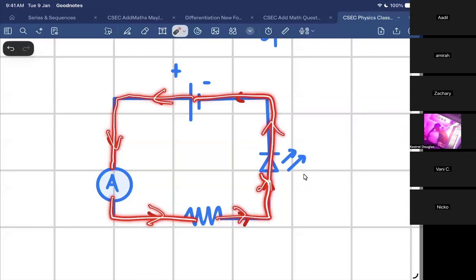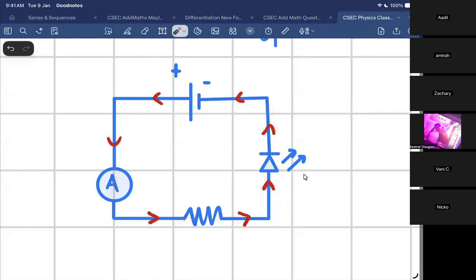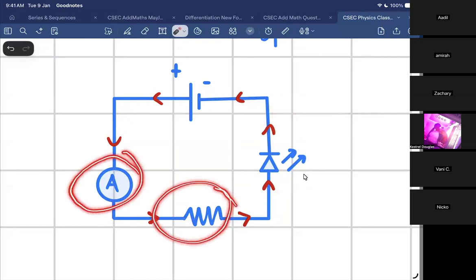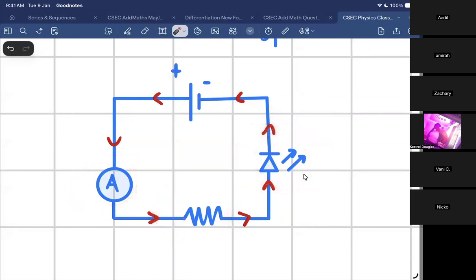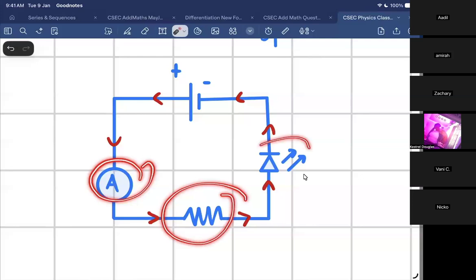It only has one way. Right, so the current will only travel along this route. Another way to think about series and parallel: it's a series circuit if there's only one path for current to take. It's a parallel circuit if there are multiple paths for current to take. So in other words, Adil, I would say that the ammeter, the resistor, and the, remind me, what is this, Adil? The LED. Right, I would say that all of these components are connected in.